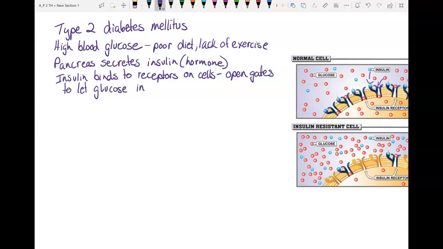So remember, insulin is a protein hormone which is water soluble. So it's binding to a receptor on the surface of the cell, and you're opening a gate to let something into the cell, characteristic of water soluble hormones. So when your blood glucose is high, your pancreas secretes even more insulin.